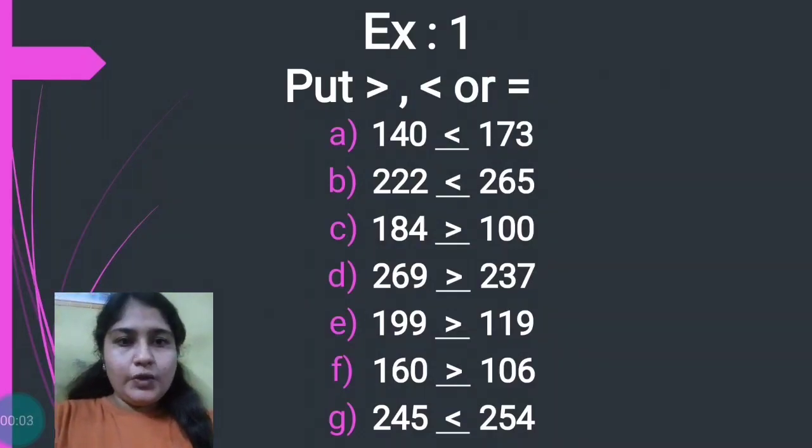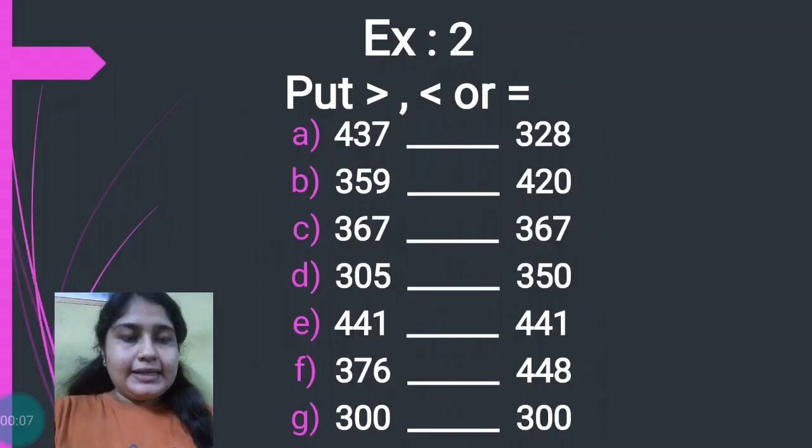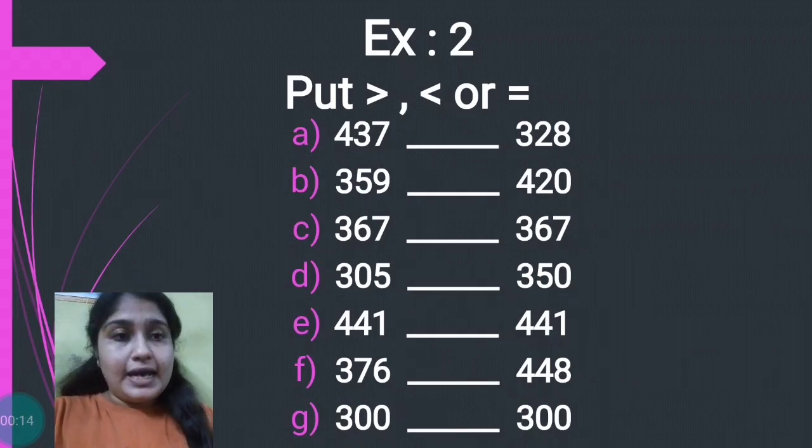Now, let's start with exercise number 2. So now we are continuing with exercise number 2. Exercise 2 is also the same. Different numbers are given and we have to compare the two numbers and fill the blank with the signs. Okay, so start writing. Exercise number 2. Put greater than, less than or equals to.